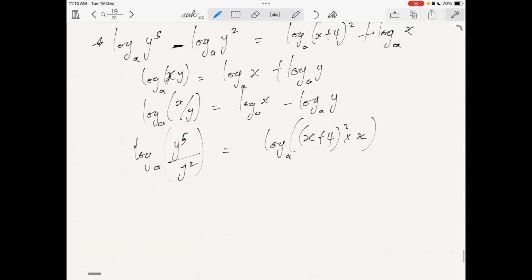Now if you apply the law of indices here, that's y raised to 5 minus 2, which is equal to log to base a of x into (x plus 4) all squared.